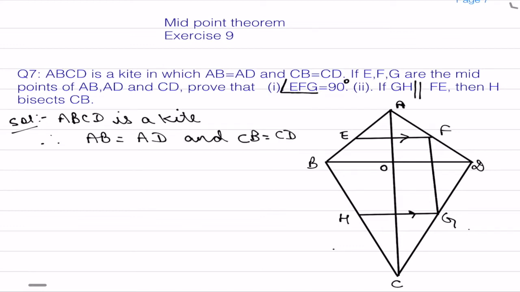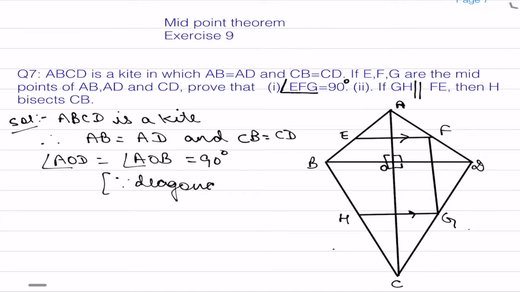This is the property of the kite that their adjacent sides are equal and their diagonals intersect at 90 degrees. So angle AOD, or you can say angle AOB, is equal to 90 degrees. Give reason for everything, okay? Because diagonals of a kite intersect at 90 degrees.